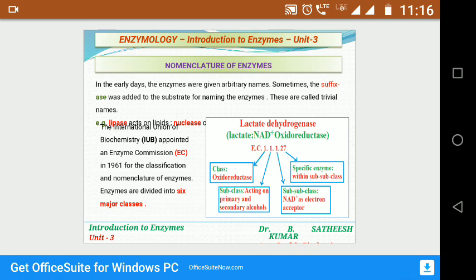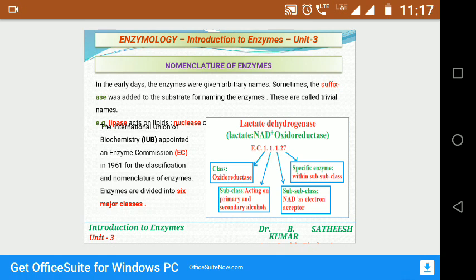According to the EC Commission, they have given one particular numbering system for each and every enzyme. So each and every enzyme will have one EC number. In the EC number, we will have four different parts separated by full stops. The first number represents the class that the enzyme comes under.